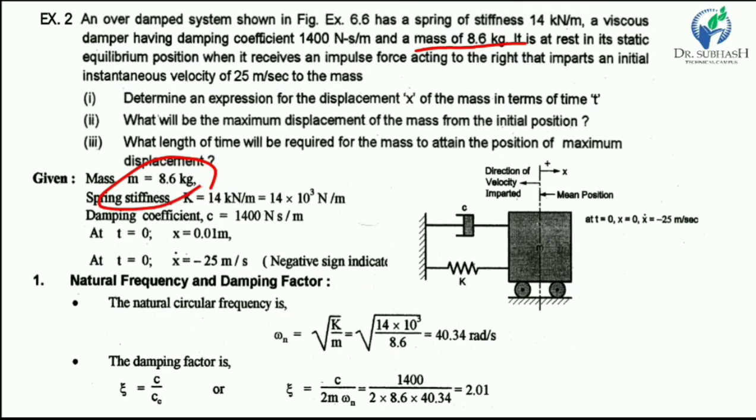It is at rest in static equilibrium position when it receives an impulsive force acting to the right that imparts an initial instantaneous velocity of 25 meter per second to the mass. The initial velocity is given, x dot is equal to 25 meter per second, in the right side direction.